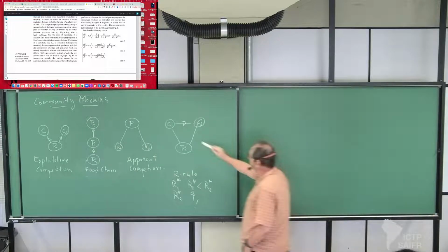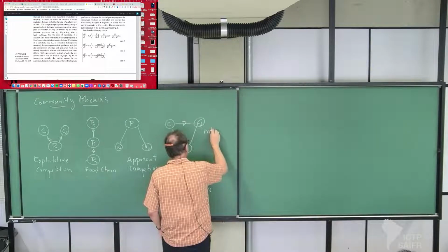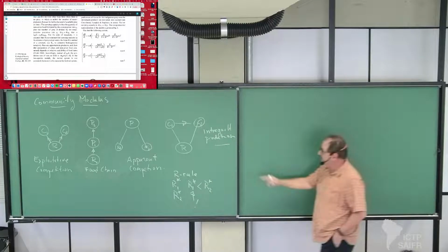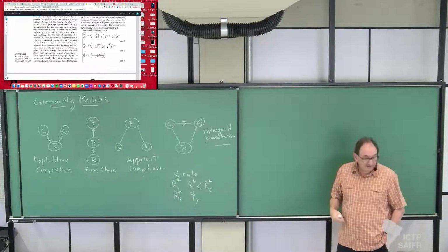For instance, it's preying on the eggs, but not on the bird. This is called intra-guild predation. The name comes from the fact that if they both prey upon this guy, then they form a guild, and this is intra-guild predation. So it can be the case that you could have coexistence here.